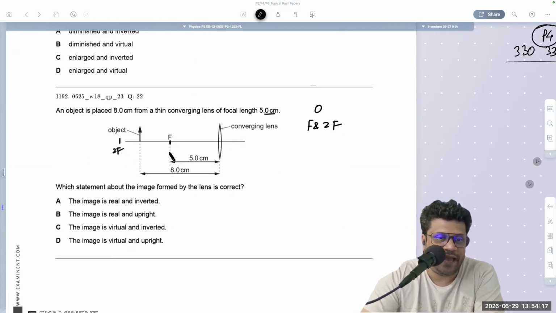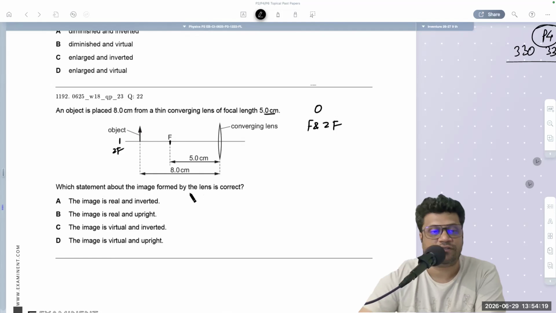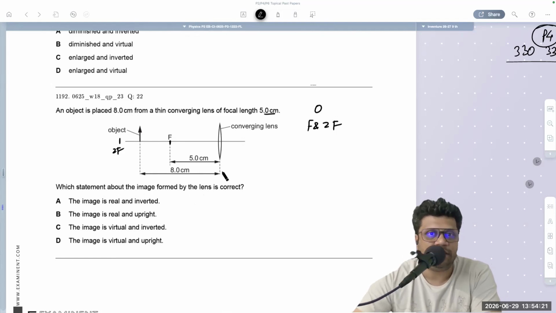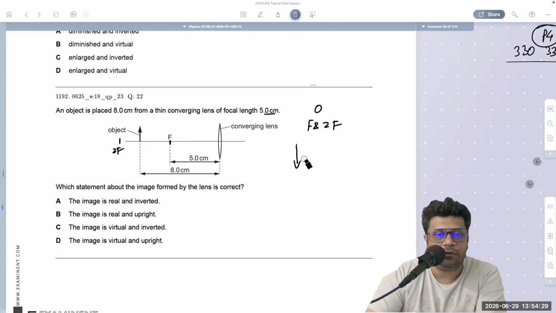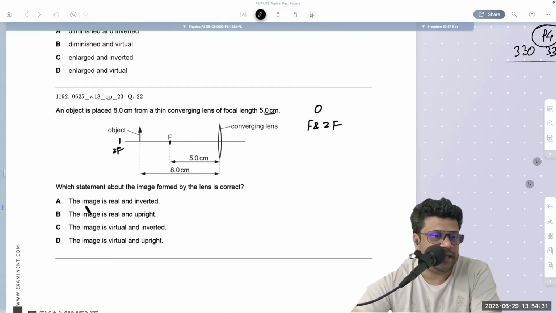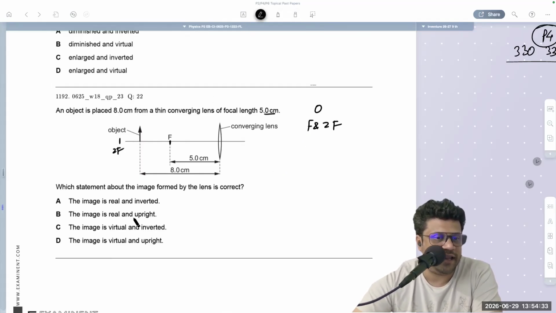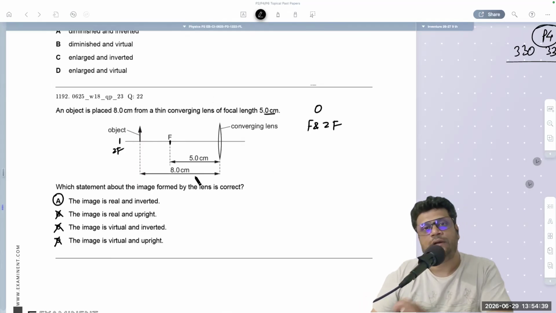The object is between f and 2f. What kind of an image? Well, you see an inverted image, you see a real image, you see an image which is larger than the object. It'll be created somewhere here, that's where it's gonna be. So we go and choose those. The image is real and inverted, the image is real and upright, no. The real and virtual, no. Virtual and upright, no. This is the only correct option.